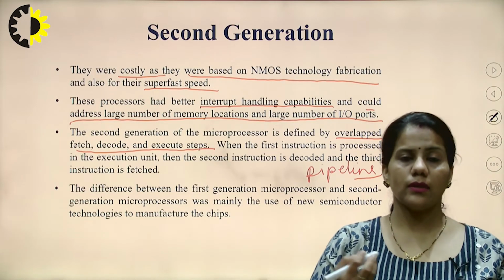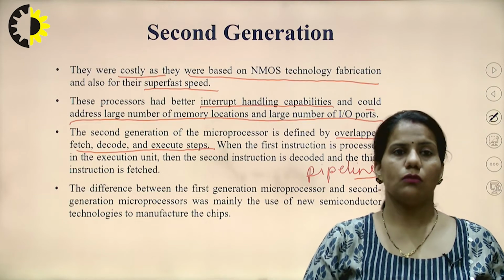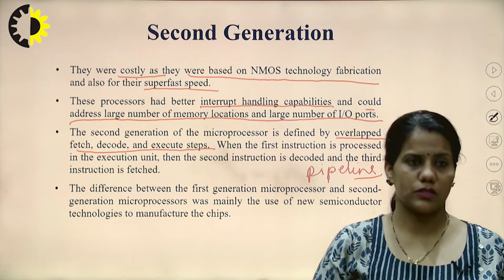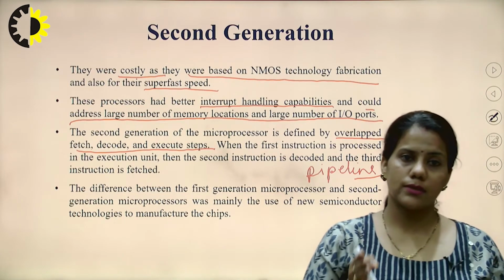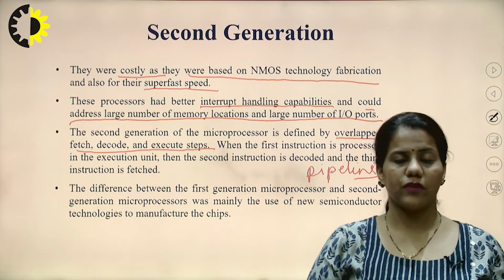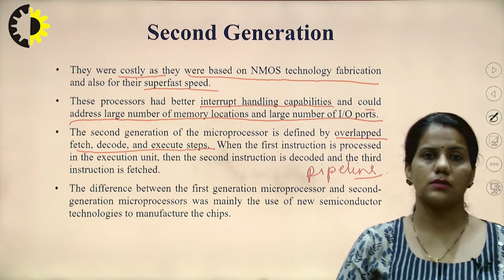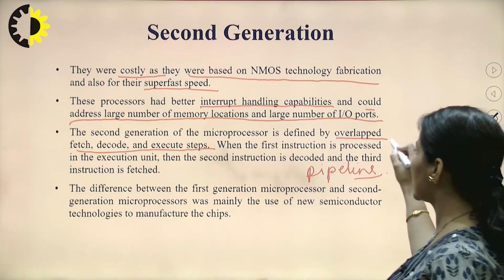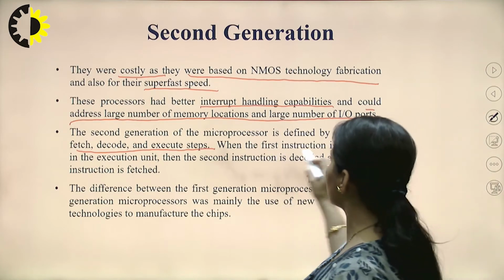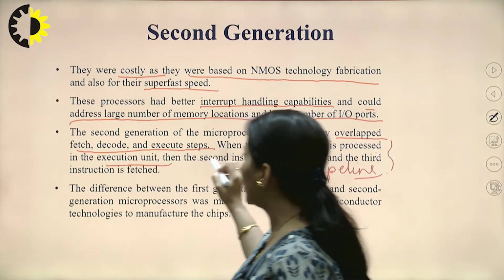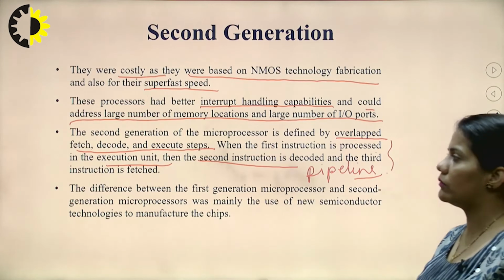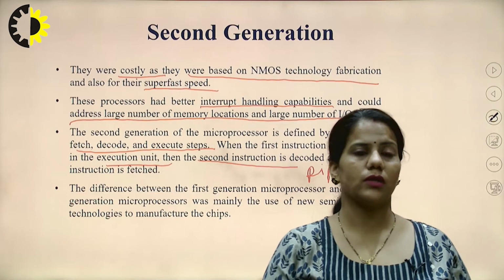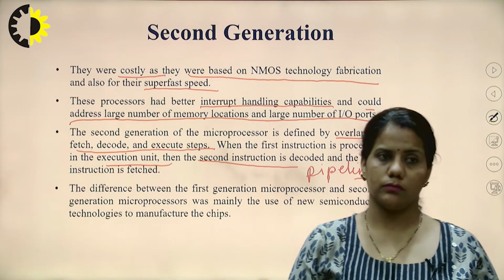Similarly, when the first and second instructions were being decoded and executed, then a third instruction can be fetched. So, in this way, at the same time, the fetching, decoding and execution processes can go on for different sets of instructions. So, this is what is explained in these lines. When the first instruction is processed in the execution unit, then the second instruction is decoded and the third instruction is fetched. In this way, the overlapped fetch, decoding, execution can be done.